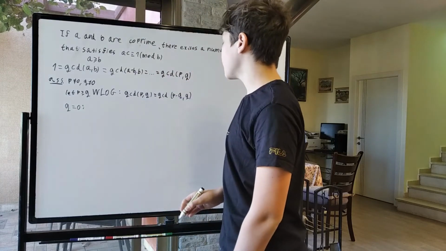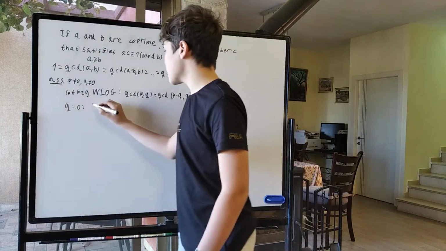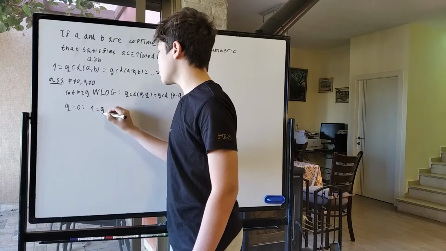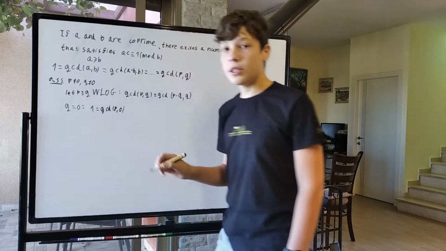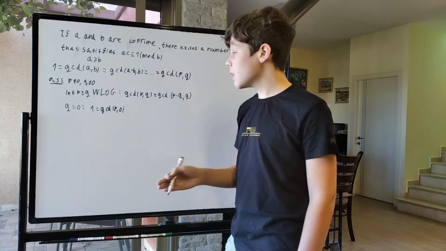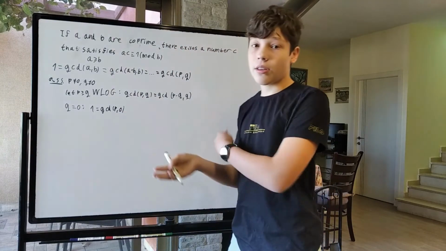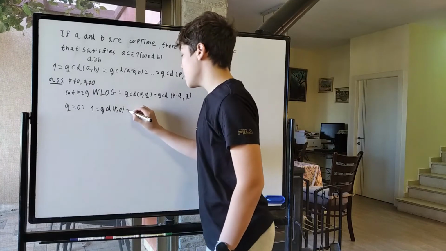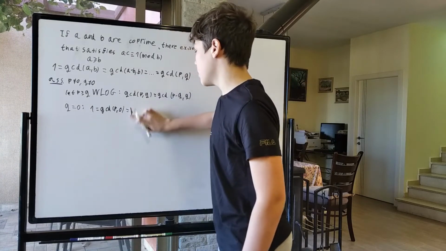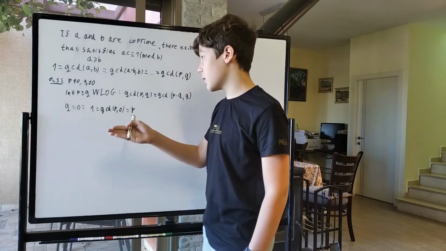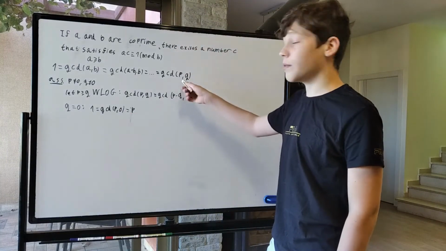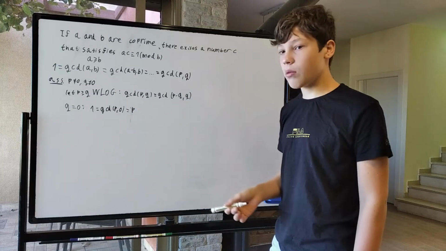That gives us that 1 is equal to the GCD of P and 0, and the GCD of anything and 0 is just the number that you put in with the 0, meaning that this is P. And then we directly got that P is 1, meaning that one of these has to be 1, one of these has to be 0.